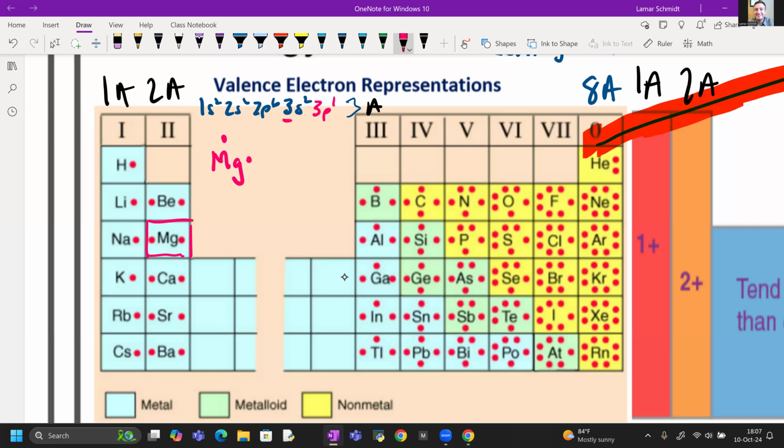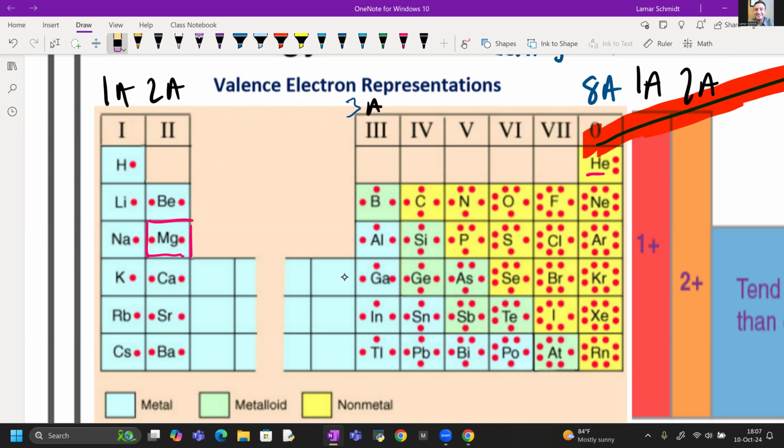And then all 4 sides were forced to pair, as it has the full octet, or the full 8 electrons in this valence shell. As we see with most noble gases, the only one that we have an exception with is helium. Okay, so that gives us some perspective here as to the number of valence electrons in each of these groups.